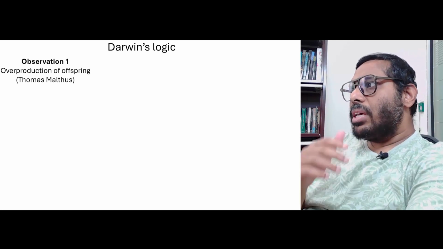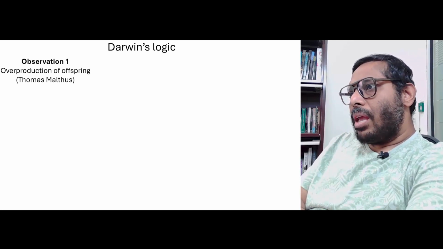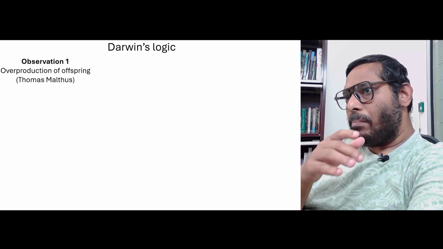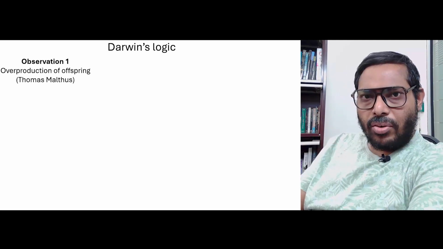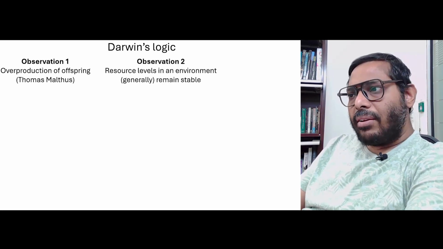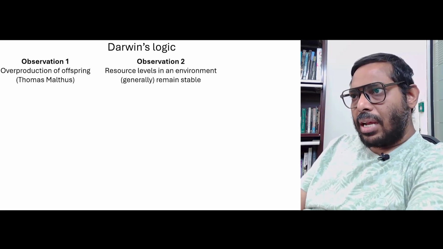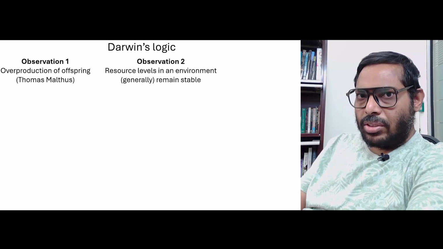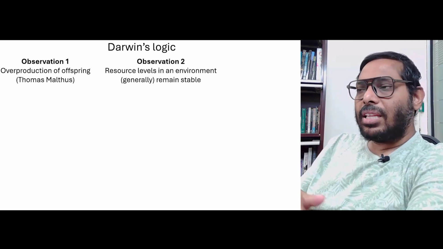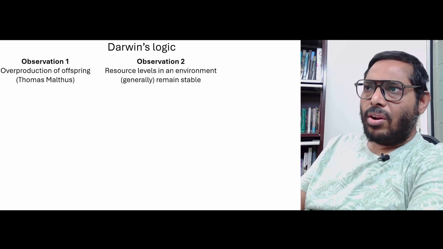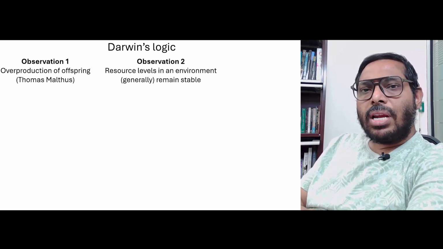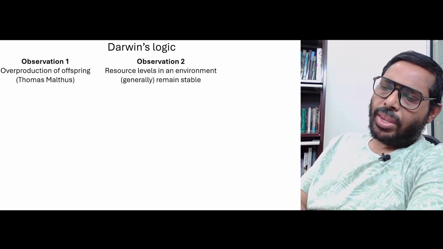So, obviously that means that any organism produces a lot more babies than what is required to replace itself in the population. Along with that, a second very interesting observation is that the resource levels on which these organisms sustain themselves, food or rain or whatever, tend to remain pretty stable.